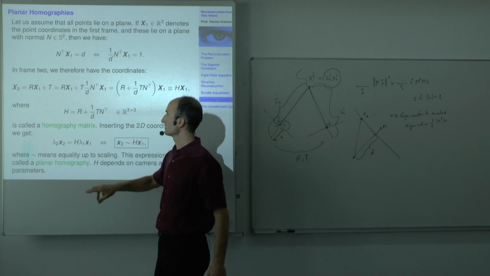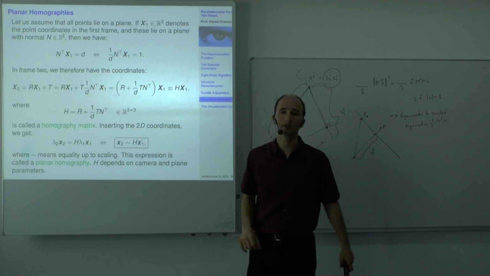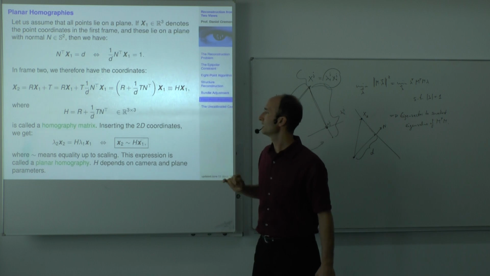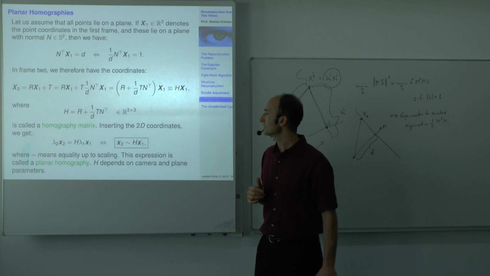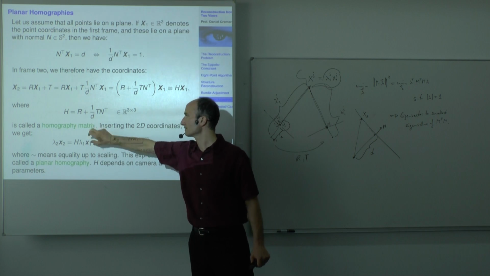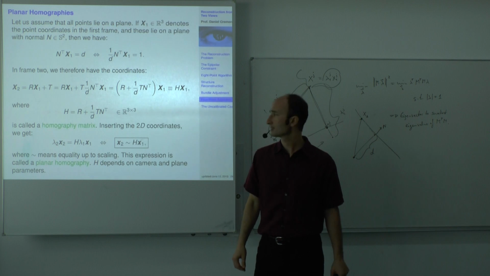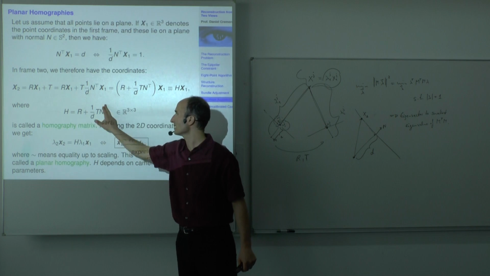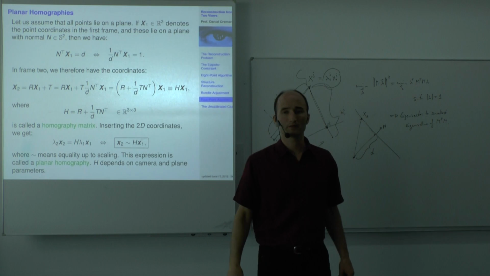So I can write the point in the second coordinates as a matrix times the same point in the first coordinates. This matrix we call H, a homography matrix. For any plane defined by a normal vector and displacement, I can construct such a homography matrix. This matrix is made up of a rotation plus parameters involving translation, displacement, and the normal vector of the plane.